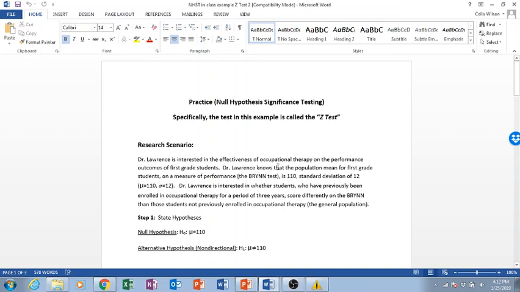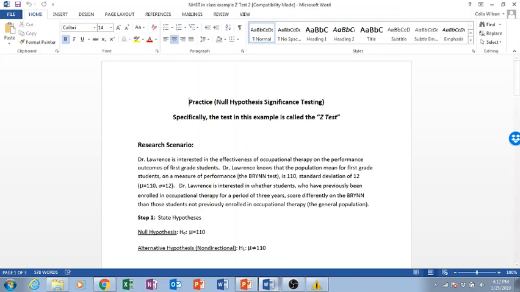Dr. Lawrence knows that the population mean for first grade students on a measure of performance called the Bren test is 110, standard deviation of 12. Dr. Lawrence is interested in whether students who have previously been enrolled in occupational therapy for a period of 3 years scored differently on the Bren test than those not previously enrolled in occupational therapy or the general population.